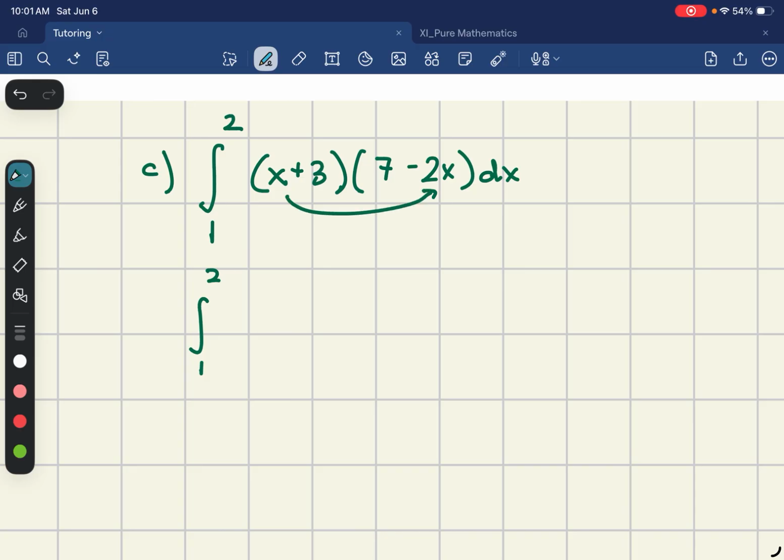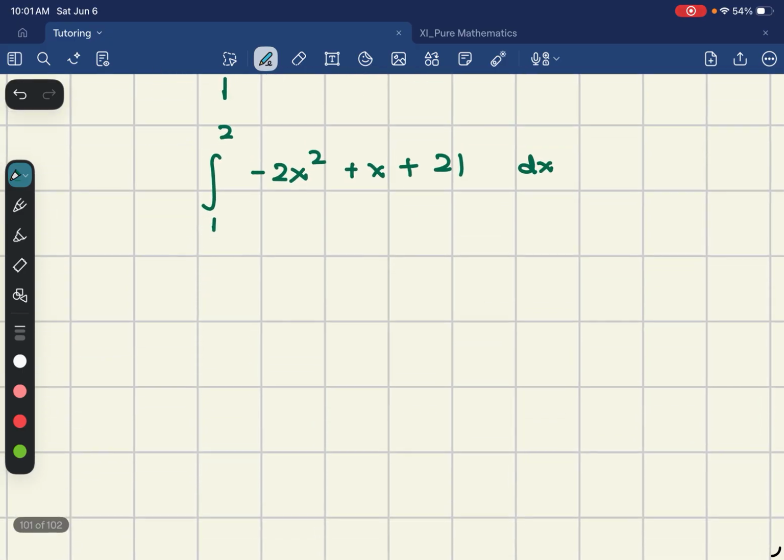So let's write our x squared term first. If you expand it out, you're going to get negative 2x squared plus 7x minus 6x, plus x plus 21. That is going to be the expression you get if you expand it out. So you have plus 7x minus 6x, so that gives you plus x.